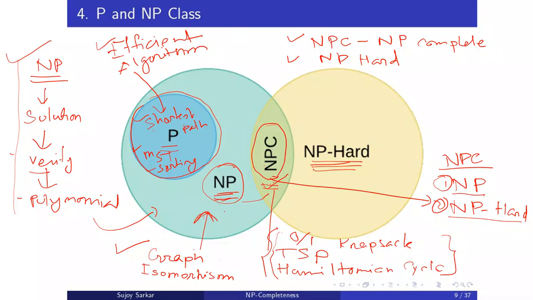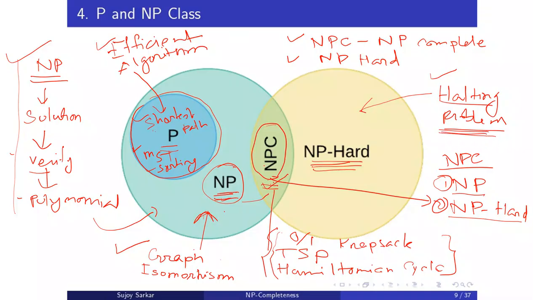And the fourth category is NP hard. These problems are only NP hard, so these are not NPC. Given the solution, you cannot verify it in polynomial time, and it is a hard problem. There are problems like Turing's halting problem, where we don't know any efficient algorithm, and also if you give the solution, you cannot verify it in polynomial time.